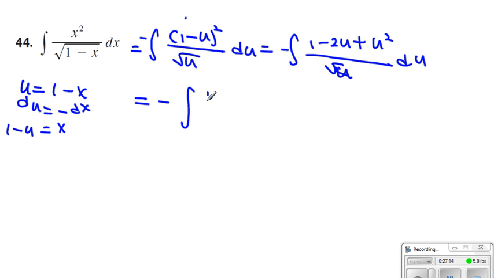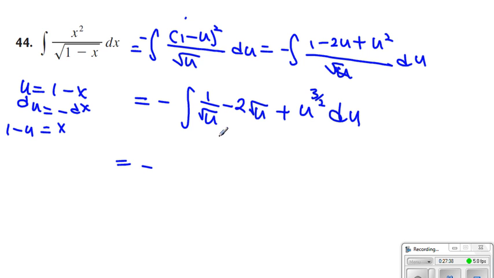Now, then that becomes negative. This becomes 1 over square root of u, minus u divided by radical u becomes 2 radical u, plus the last term, which we end up getting u to the 3 over 2 power, du. Then what is this equal to? Negative.